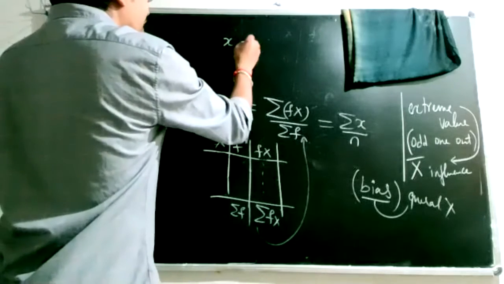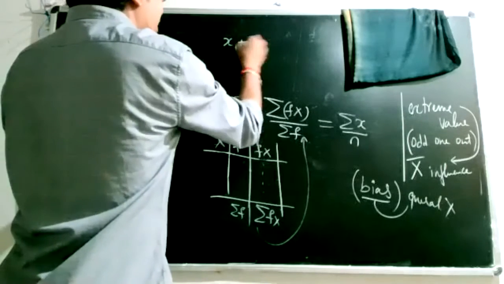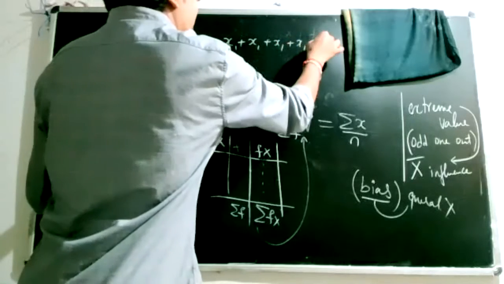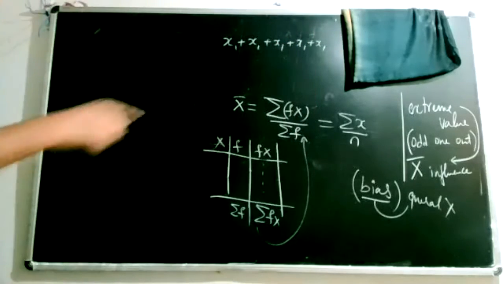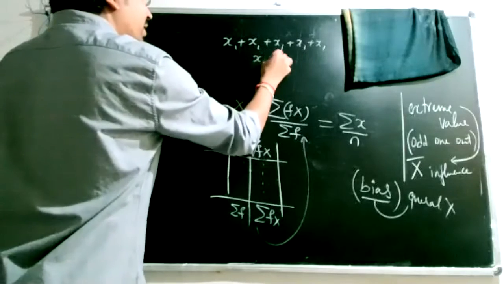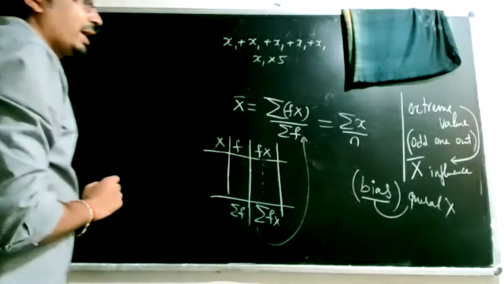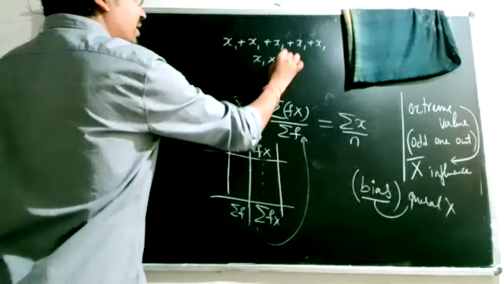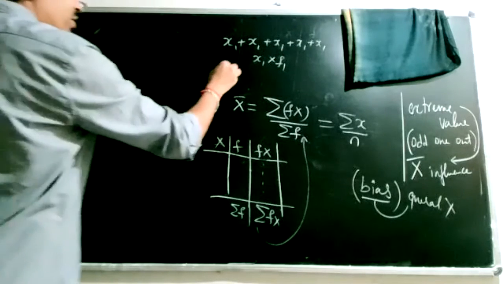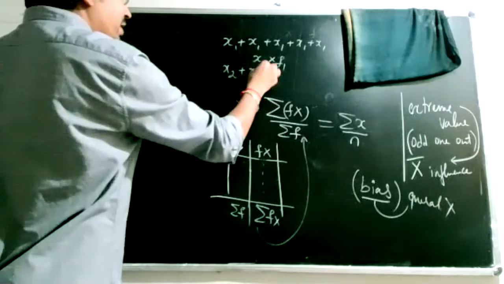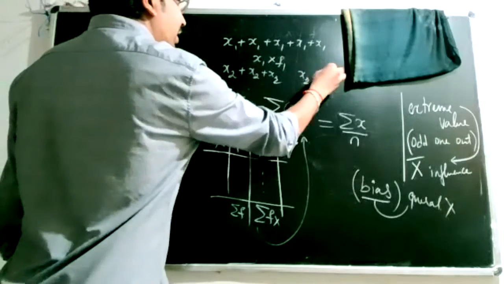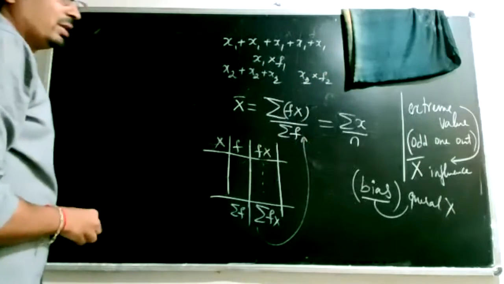So say x1 is repeated 5 times; for the sake of the arithmetic mean, you have to add that number 5 times. Adding x1 5 times is nothing but multiplying x1 by 5, where 5 is the frequency of that value. Similarly, if your data point x2 is repeated 3 times, it will be x2 into 3, where 3 is the frequency.